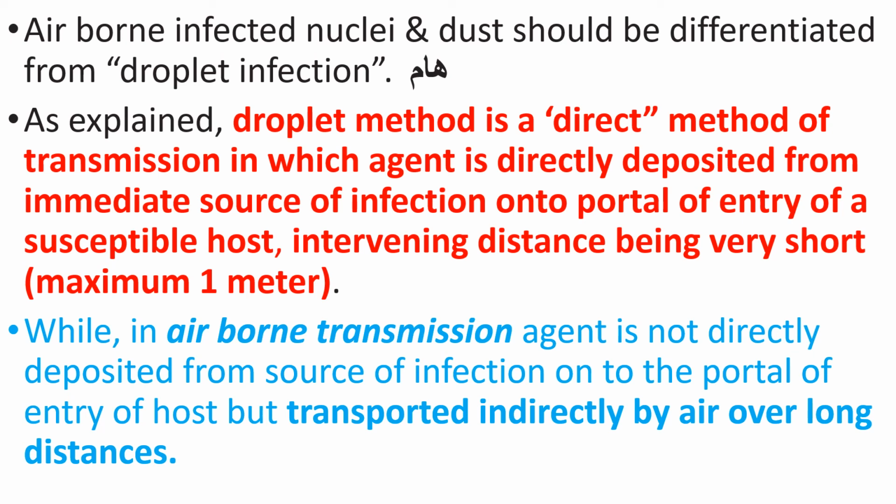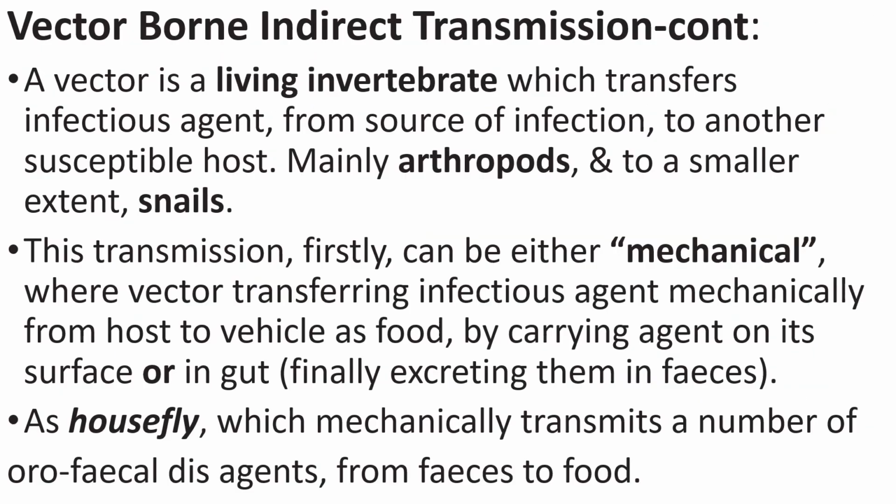While in airborne, we said agent is not directly deposited from source of infection to the portal of entry of host, but transported indirectly by air over long distance. This was important and is still important in COVID-19.